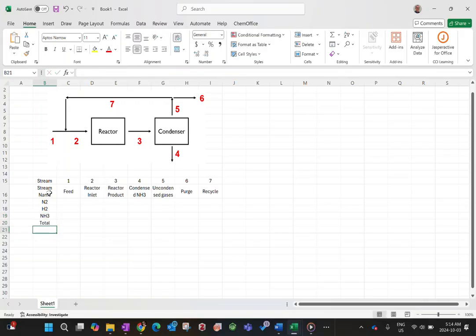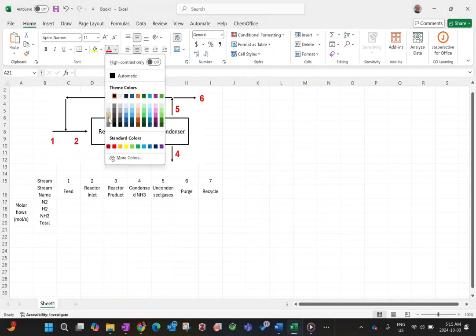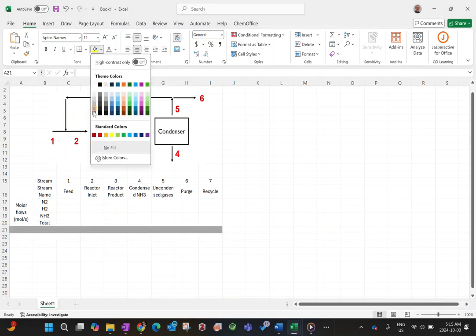And these are all molar flows, in moles per second. Okay. And I'm going to make this gray. Oops, wrong thing. Meant to do this one.